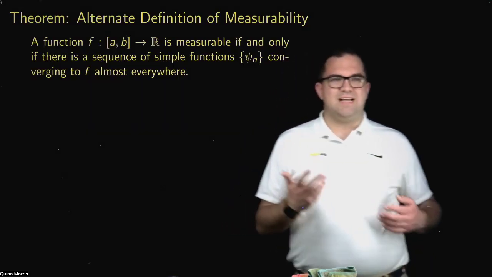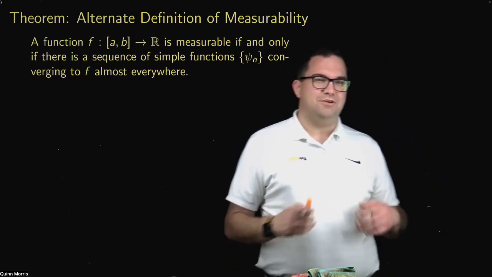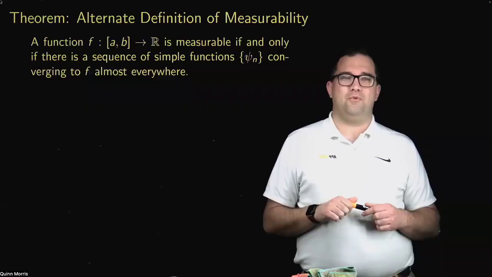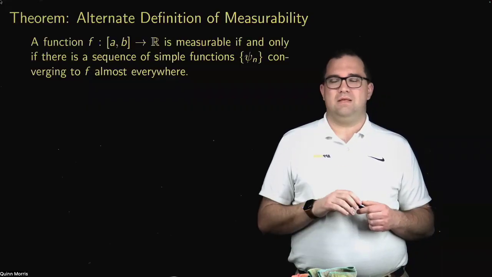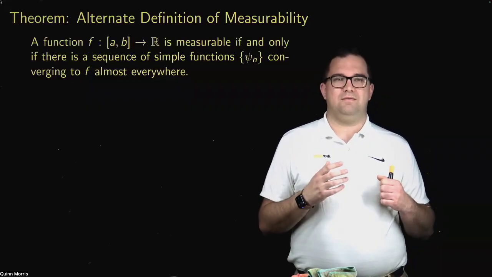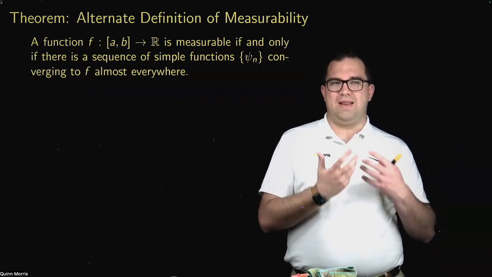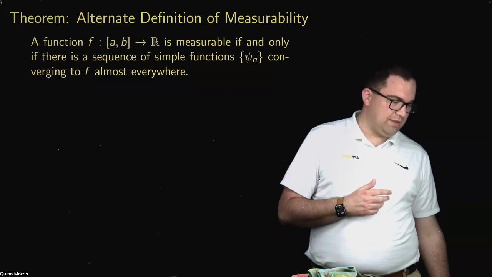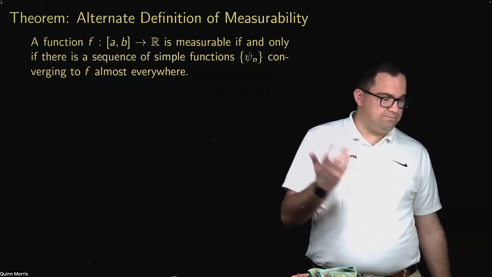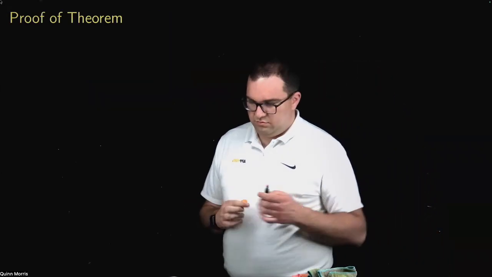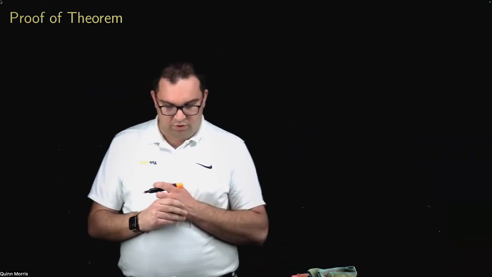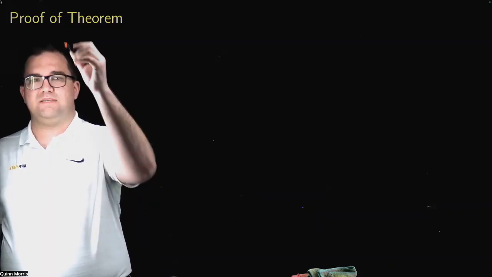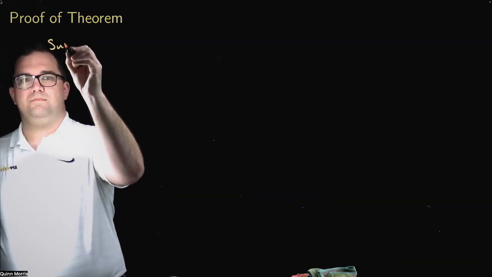Now, I'm going to sketch out the proof here. The notation for this is sort of ugly, so I don't want to make it too bad. I'm going to write out some of the details, but I'm also going to try to explain some of it simply by drawing pictures. So if we want to prove this, let's start by supposing f is measurable.